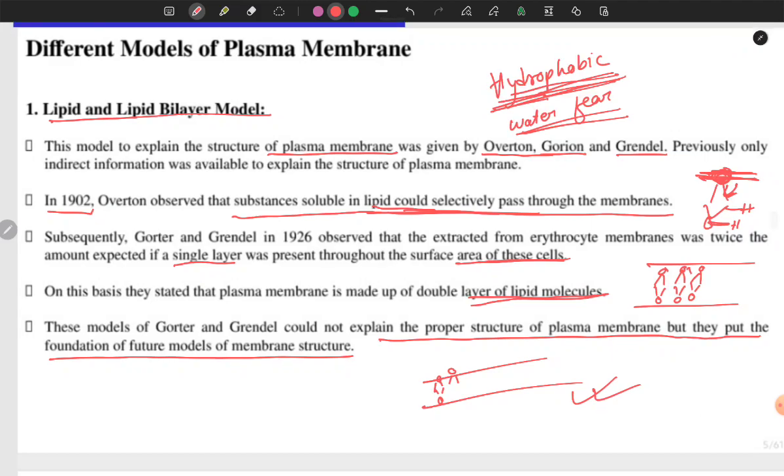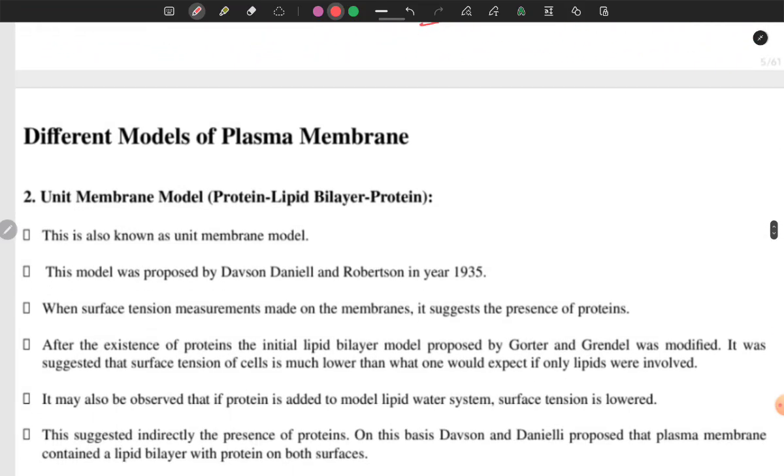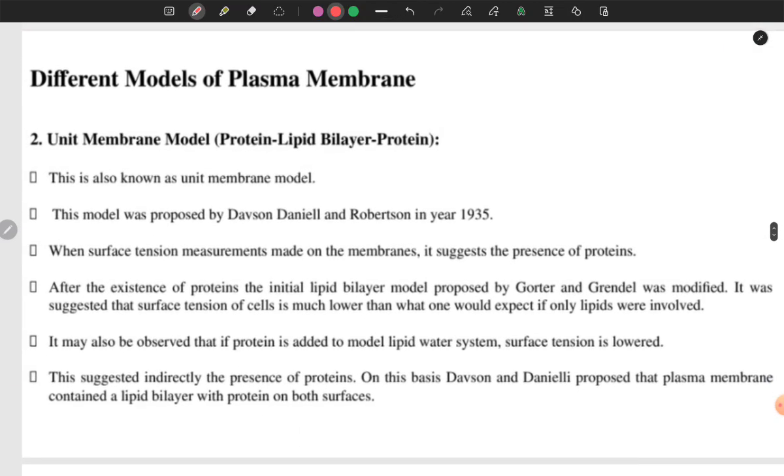So we will move to the next. This is the second model of plasma membrane, that is the unit membrane. Protein-lipid bilayer-protein. Okay, this is also known as the unit membrane model, very important. This model was proposed by Davson and Danielli in the year 1935.